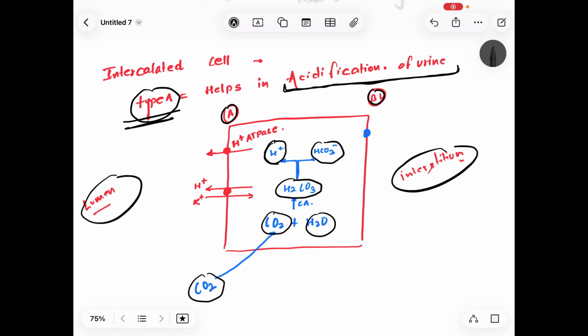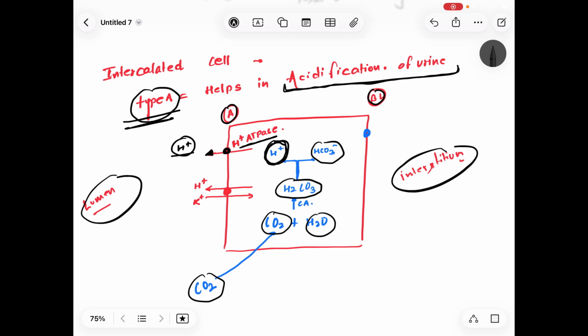So we have a transporter, an active transporter using ATP. It pumps out one H plus into the lumen, so it is helping in excretion of the H plus.